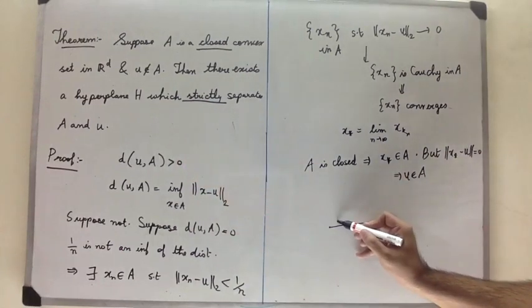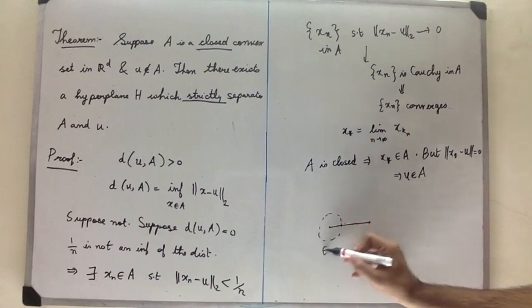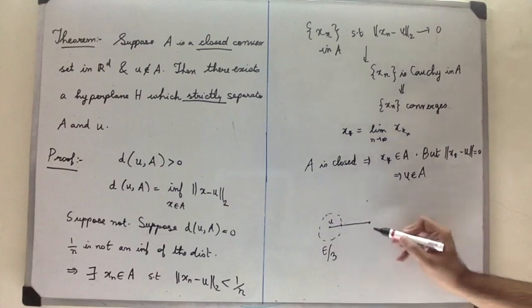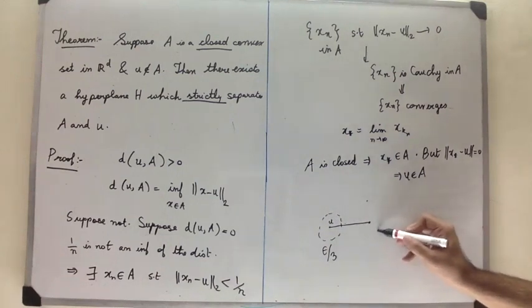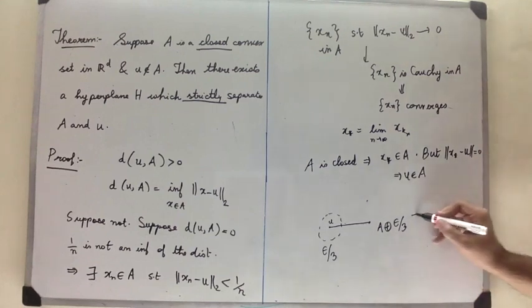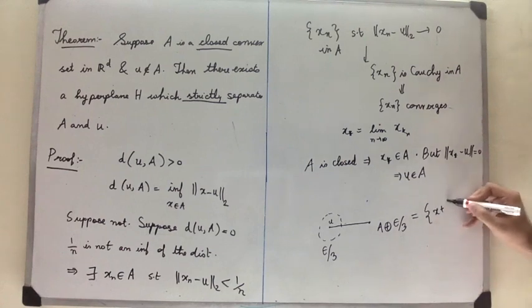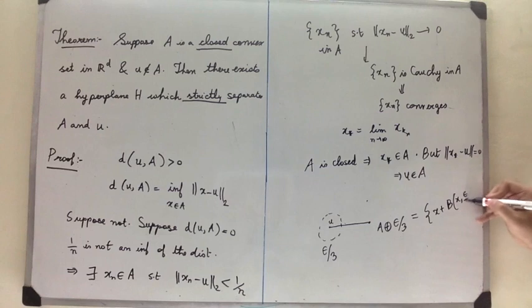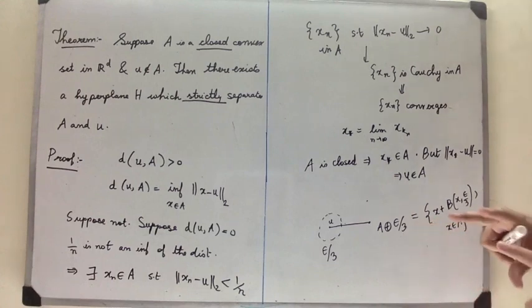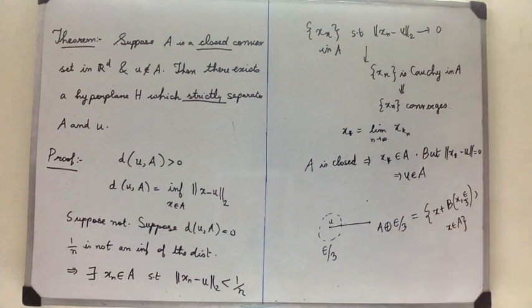Epsilon is a strictly positive quantity. Then if you choose a ball of radius epsilon/3 at u, and you add the epsilon/3 to A, you are increasing the range of A by this epsilon/3.